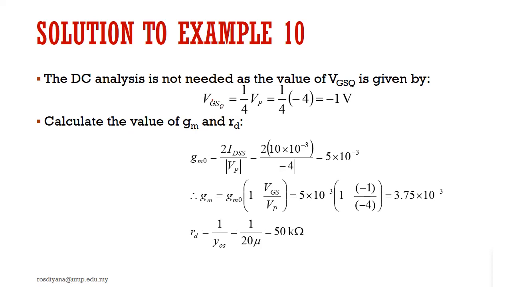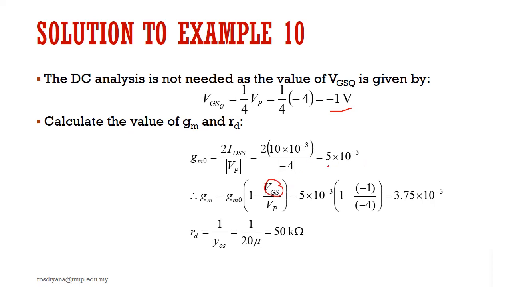Then we calculate the VGSQ here. We get it directly from the VP, multiply by 1/4, then we get negative 1 volt. Next, we calculate the GM and RD. Insert VGSQ in this equation.